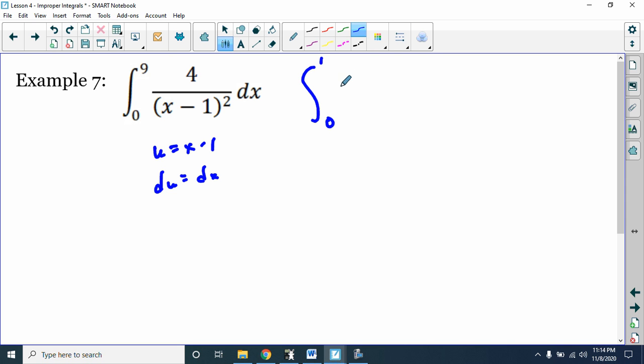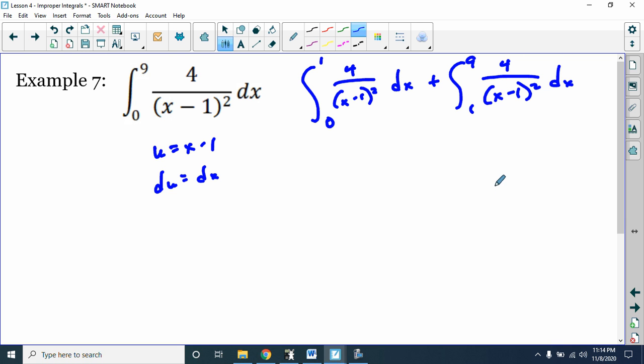So 0 to 1. And 1 to 9. So we get 4u to the -2nd. Change bounds. Integrate.